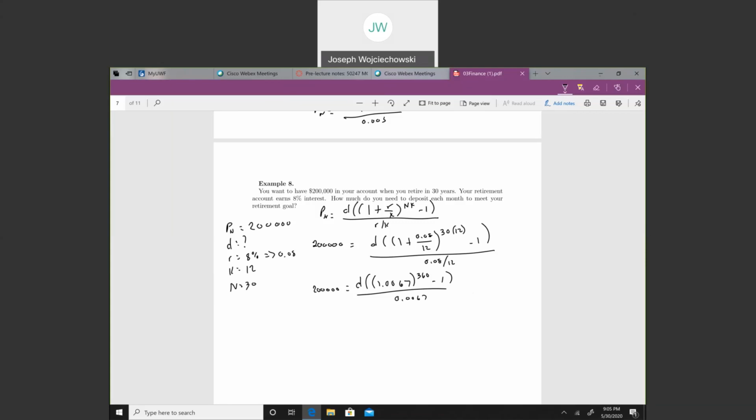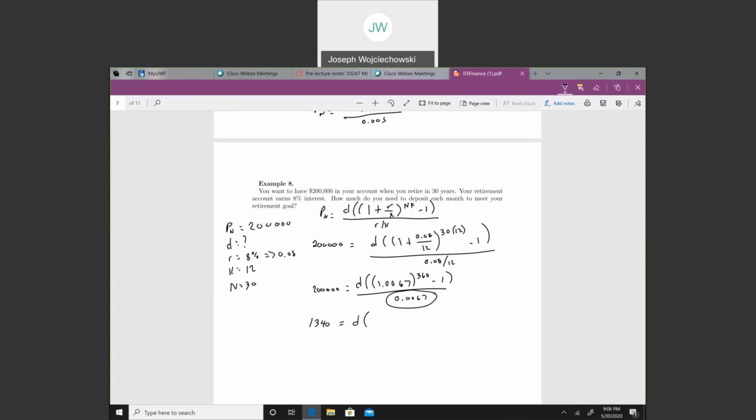Now, if you can get rid of fractions, I say get rid of them. So let's multiply both sides by this. I have my 200,000 times my 0.0067. That gives me 1,340 equals D times the rest.